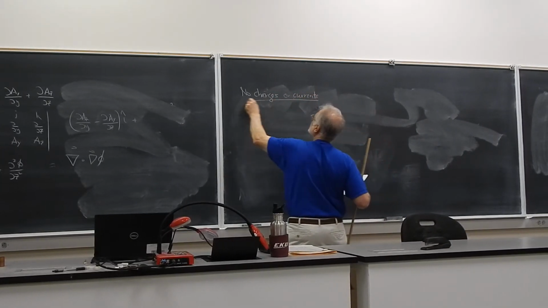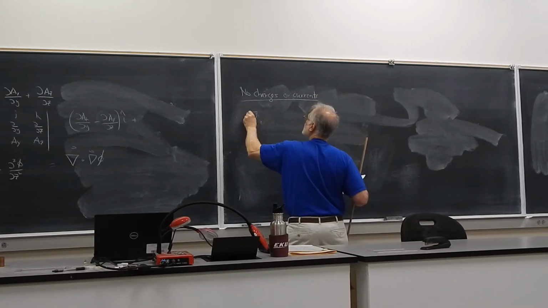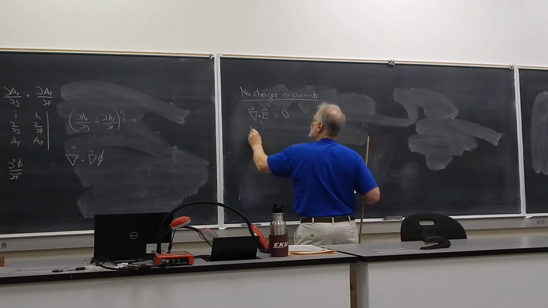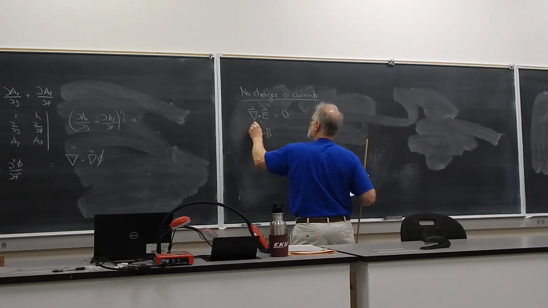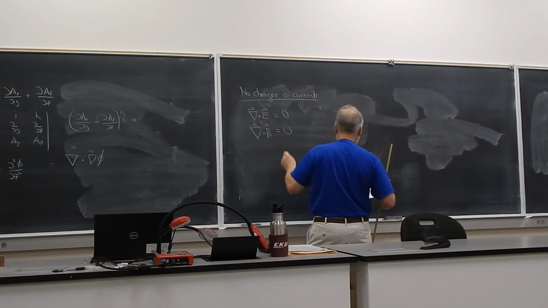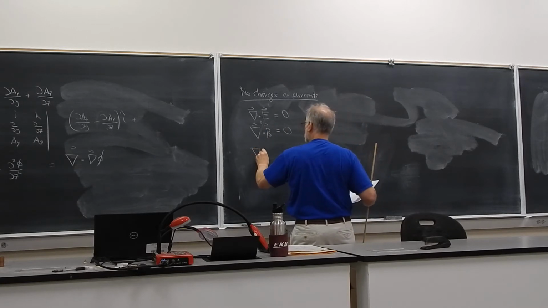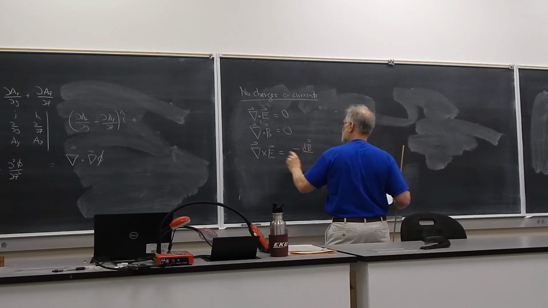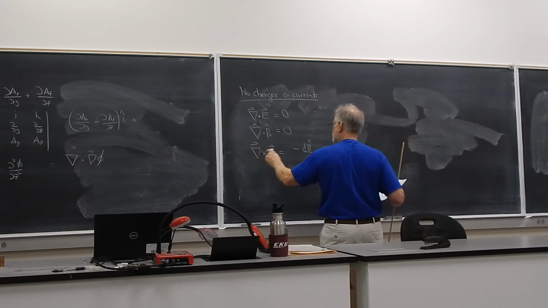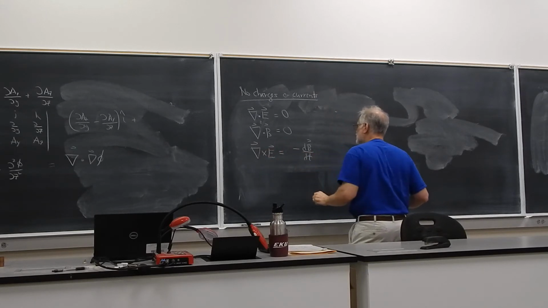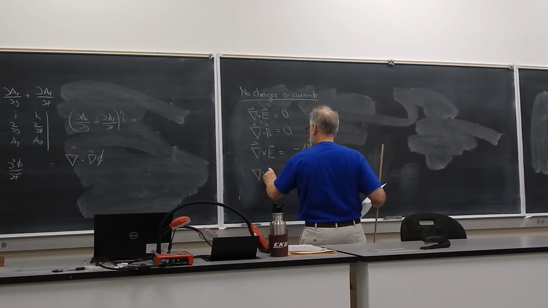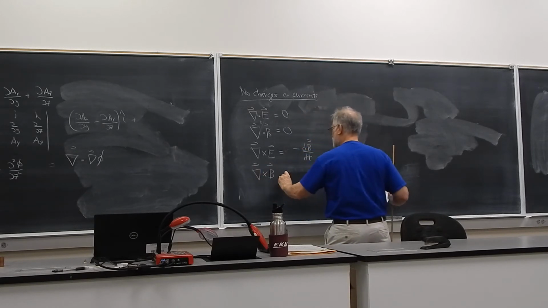If there are no charges or currents present, Gauss's law for electromagnetism becomes del dot E equals 0. Gauss's law for magnetism, as always, is del dot B equals 0. Faraday's law I can write in this way: the curl of E is equal to minus the time derivative of B. And then finally, Ampere's law, as modified by Maxwell.